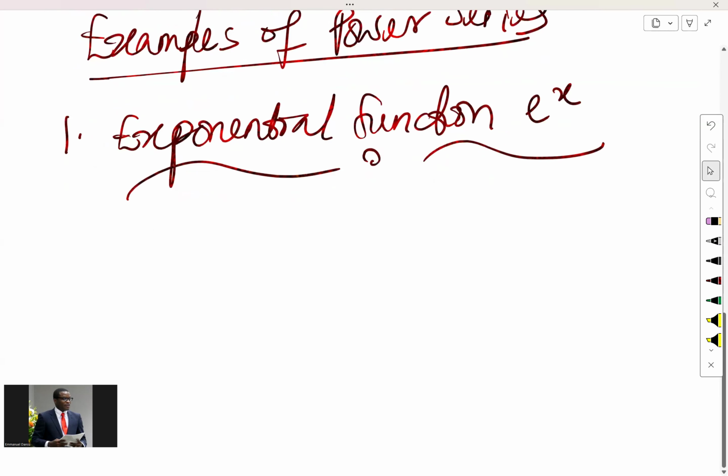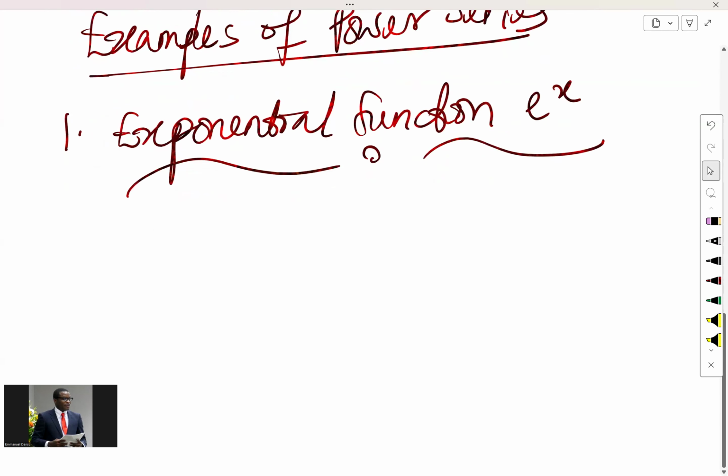Of course, you already know how to derive it. You just say f of x equals e raised to power x, and you keep differentiating. Interestingly, for the exponential function, it's like the cat with infinite lives. It never dies. e raised to power x is retained no matter how many steps you go. Of course, the coefficients will change, and the center will also be determined based on whether you're using Taylor series or Maclaurin series.